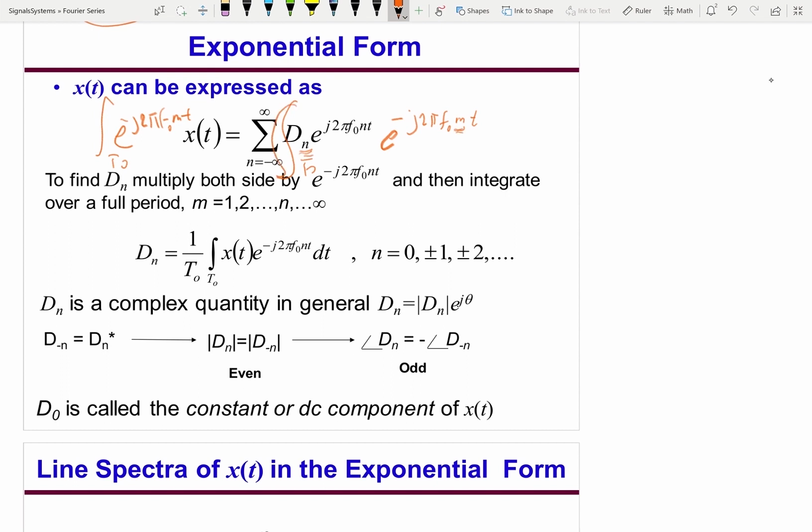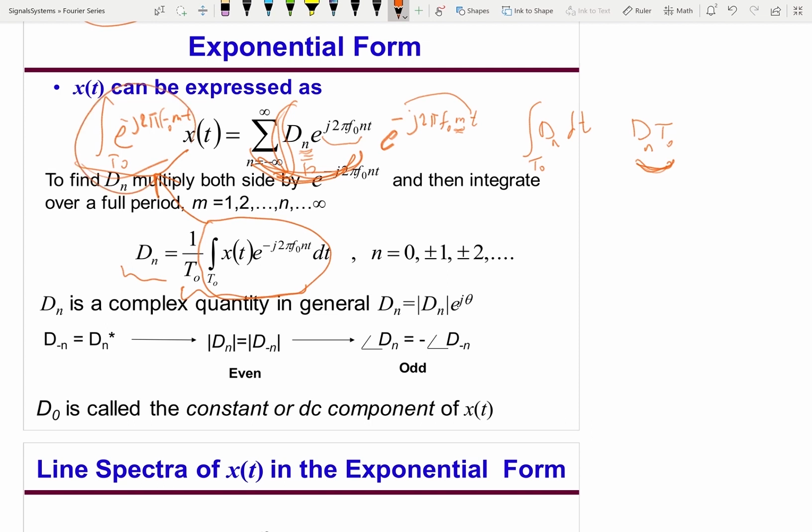In this case, these will cancel, and the integral will be just Dn dt over a full period. If I integrate this one, this will be Dn T0. This quantity here will be just this quantity, and this summation with the integral gives you Dn T0. If I divide by T0 here and here, I get this. And Dn will be the integral of this one divided by T0. That is how you find Dn.